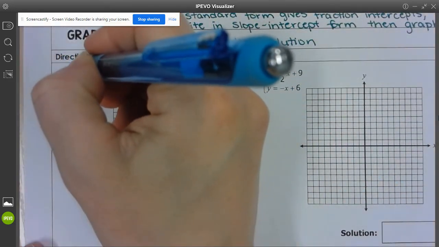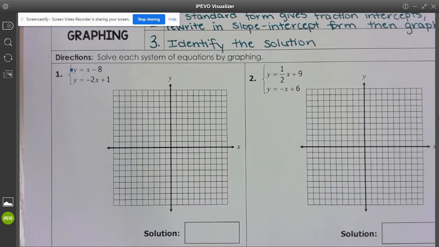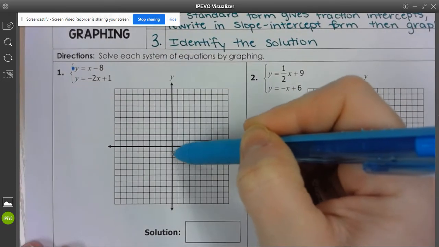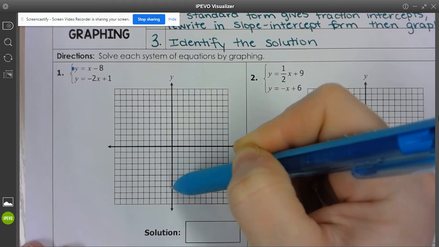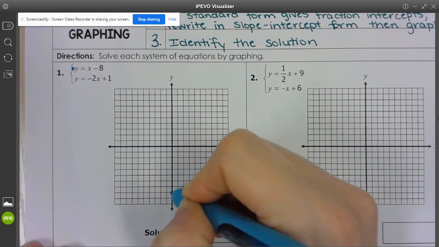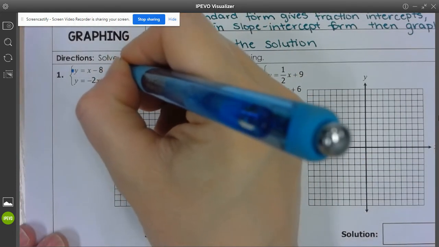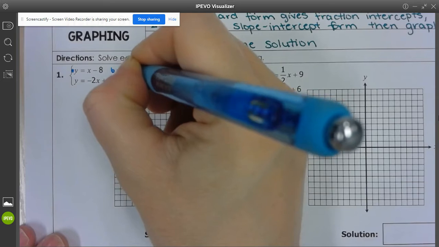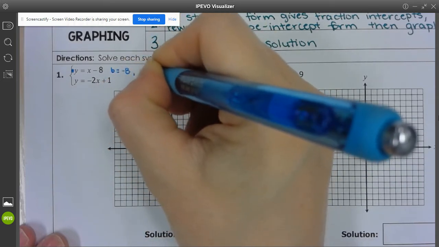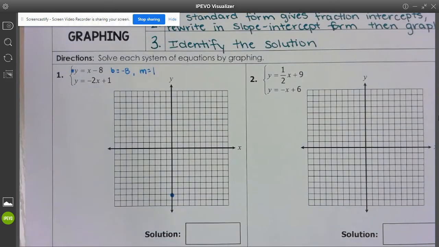So I'm going to do my first graph in blue. This is in slope intercept form already. So my y-intercept is the constant. This goes all the way back to unit 2. So I'm going to go down to -8 and put a point there. So here our b value is -8, and our m value, or our slope, is 1.